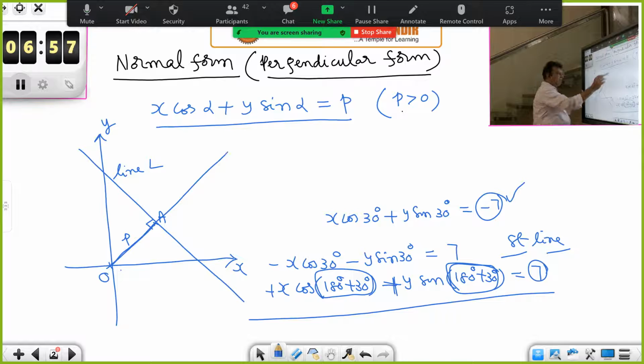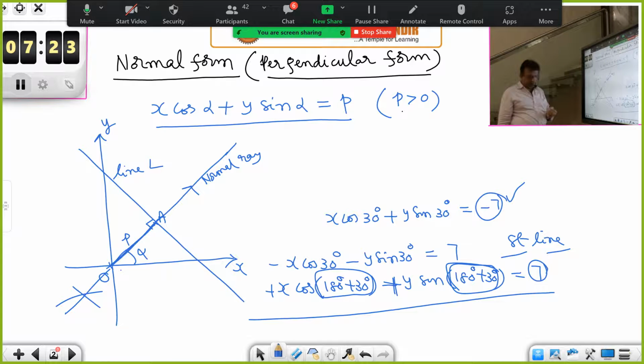Line OA. That is called the normal from the origin to the line. Normal ray, we say. From the origin to the line, we have to draw a perpendicular and produce it up to infinity in only one direction. Don't go backwards, only forward towards the line, perpendicular to the line. That is called normal ray. Alpha is the inclination of the normal ray.